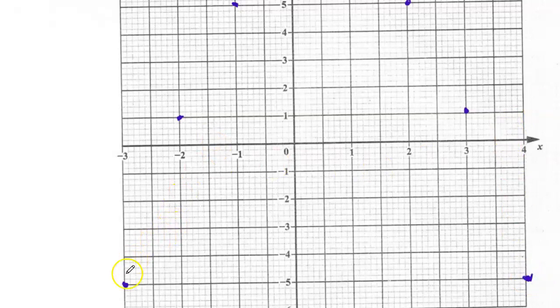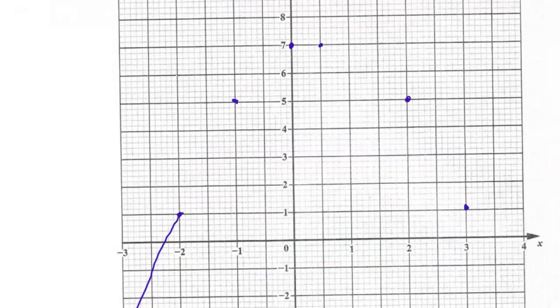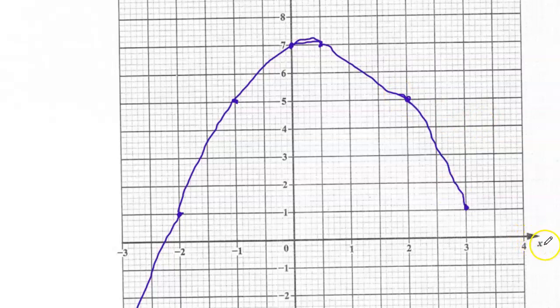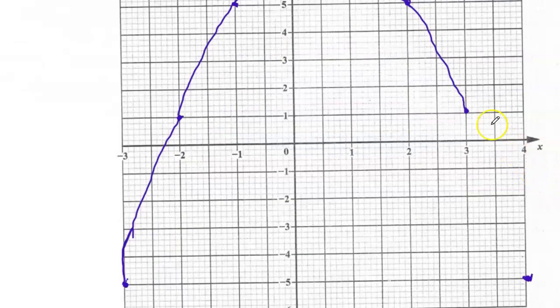Alright, so let's do our graph. The graph should look something like that. It's a curve, so it should be drawn freehand.